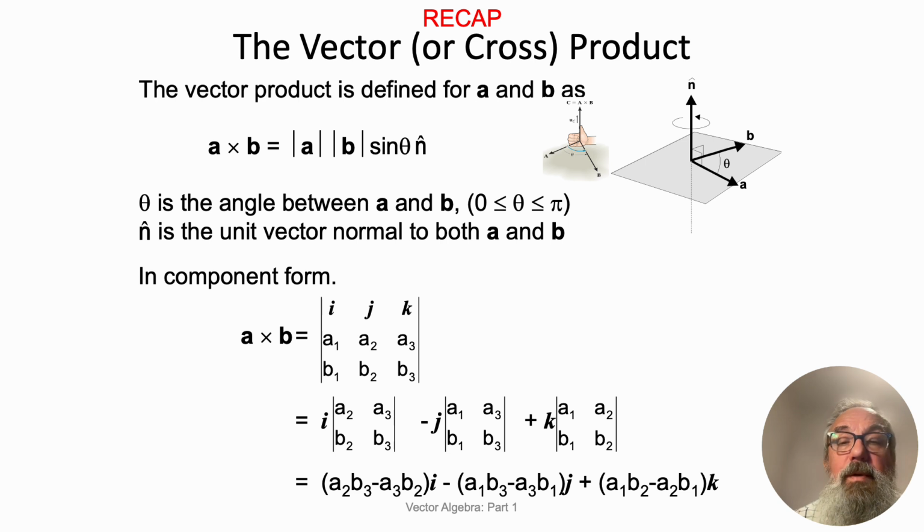If you've not done matrices before, this won't be familiar and you need to just learn it. But you will be doing matrix algebra on this course anyway, so you will learn this determinant expansion. So in the rest of these lectures, we'll assume that you know this determinant expansion to calculate the A cross B in component form.